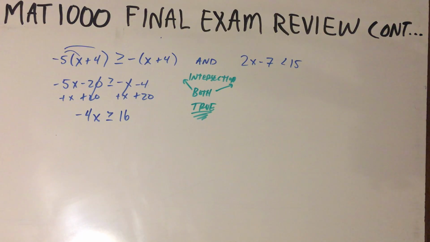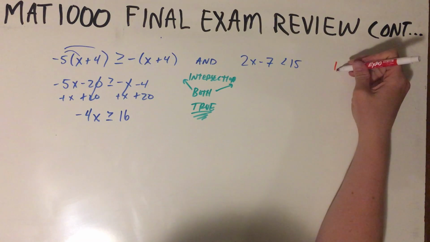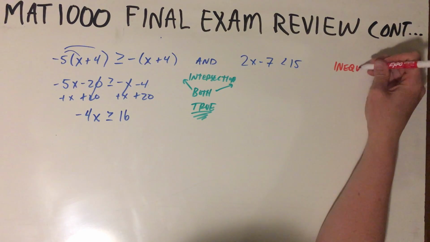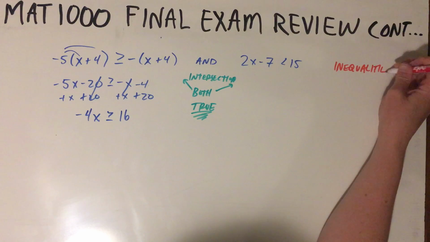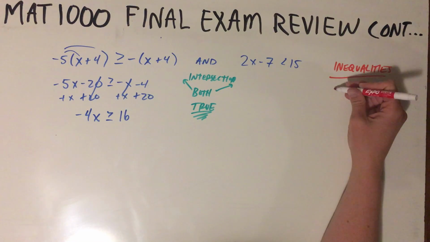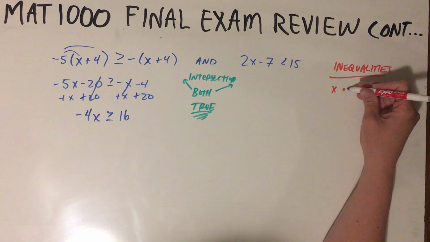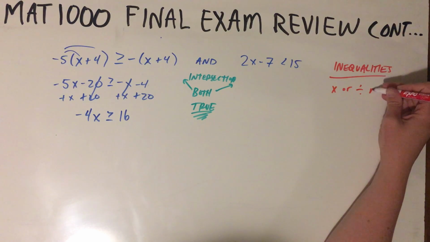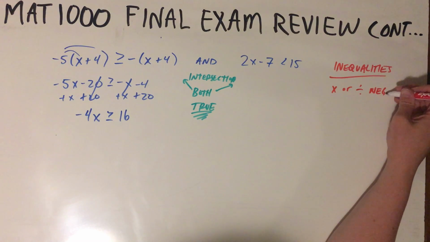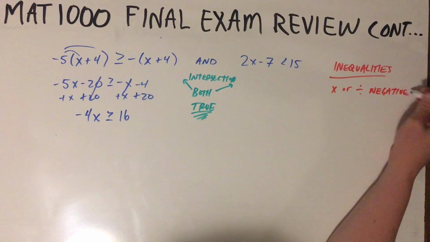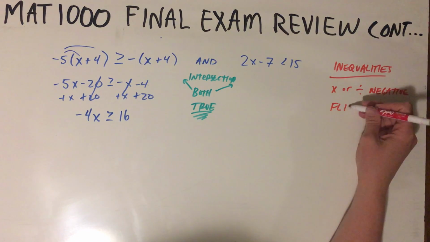Now, another rule that we need to make sure we remember when we have inequalities is that if we multiply or divide by a negative, then we have to flip the sign.